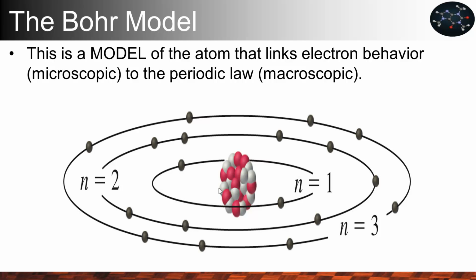Alright, so here's our model. Nucleus in the center, electrons circling around the outside, 2 electrons in the first orbital, 8 electrons in the second, 8 more electrons in the third.